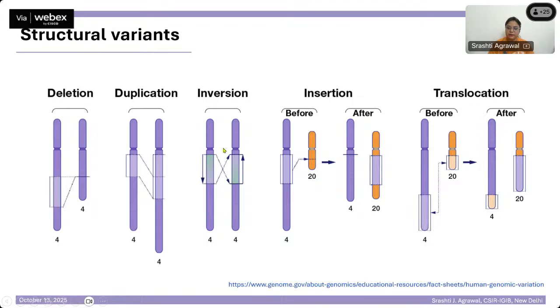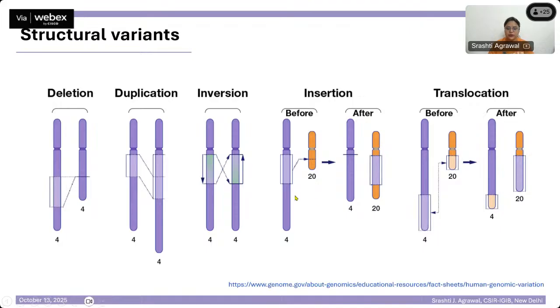Similarly, in inversion, a specific area of the genome gets inverted, and its configuration gets inverted. For example, if it was in this direction, it might go to the other direction after the inversion, and this might affect the regulation and expression of the genes.